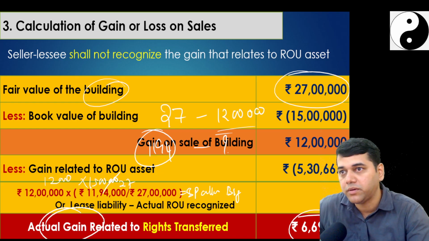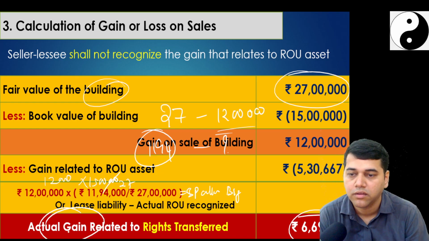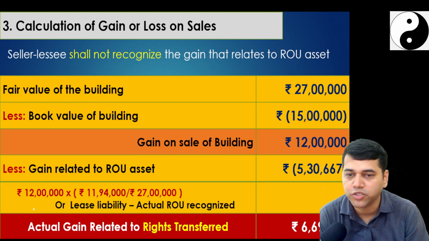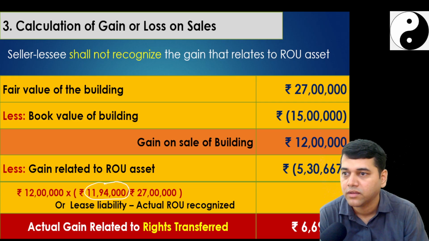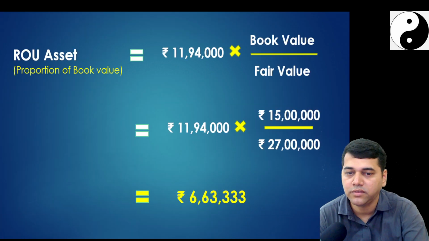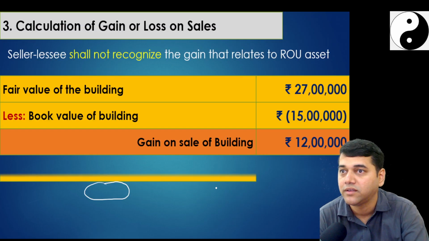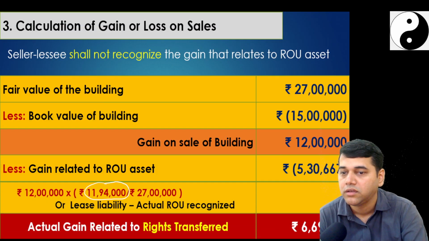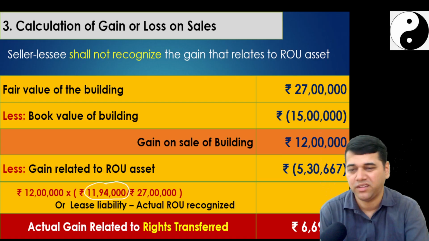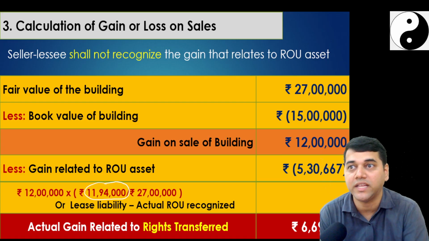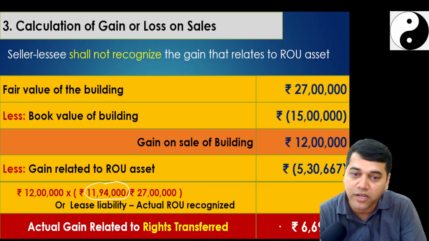In the previous problem. No, where is the proportionate ROU here? This 11 lakh 94 you are talking about. Yeah, that's the previous question. This is the proportionate ROU. What are you trying to tell here? No, no. This is what the standard says. You cannot take that, because if you end up taking it, then you start recognizing more profits.